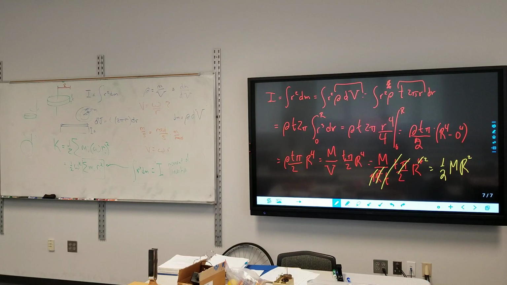Now, if you're looking at this and thinking, do you have to derive them every single time? No, you don't. On page 365 of the textbook, they have the formulas for common shapes.